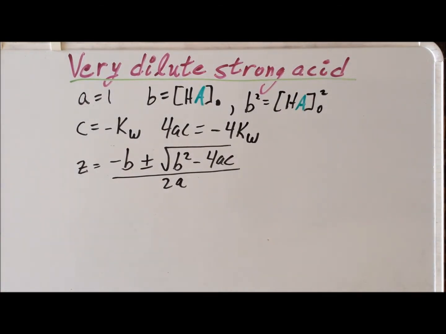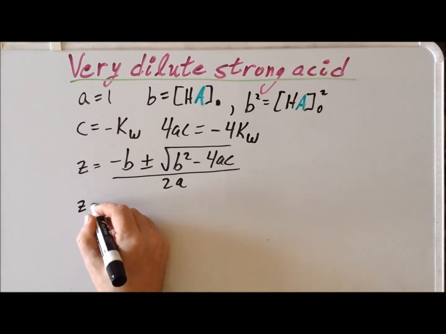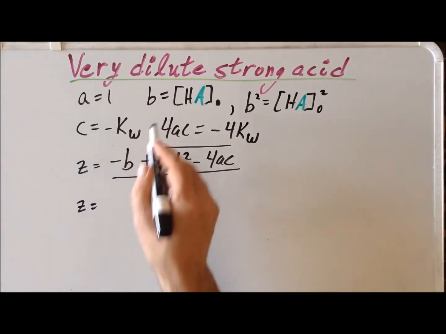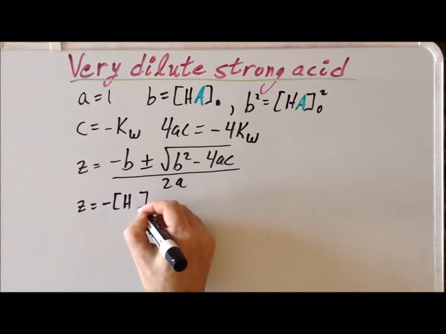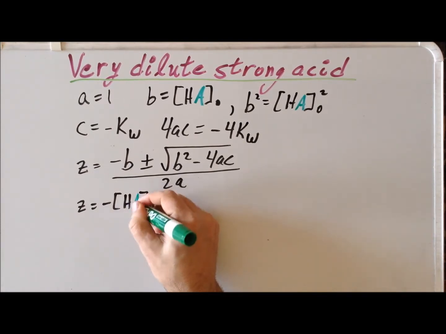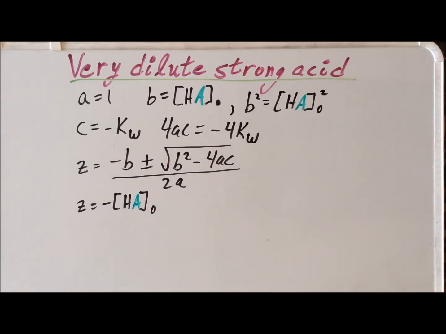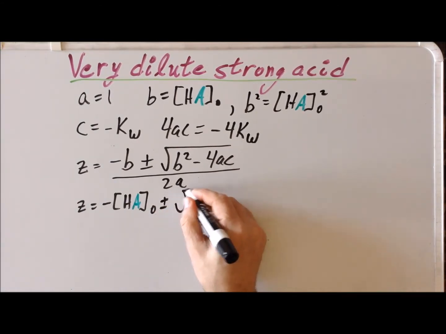So now we simply apply the quadratic formula to get that the solution z is going to be negative b, which is minus the concentration of the strong acid initially, minus HA sub 0, plus or minus the square root of the expression.